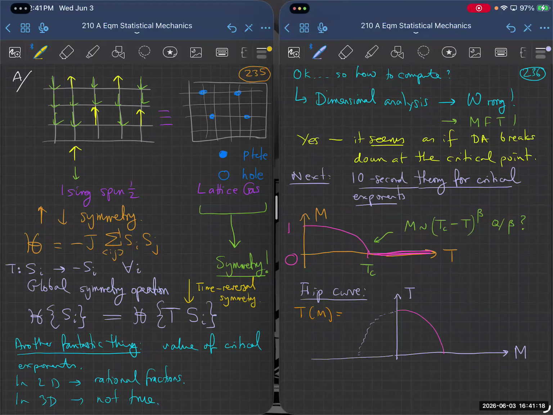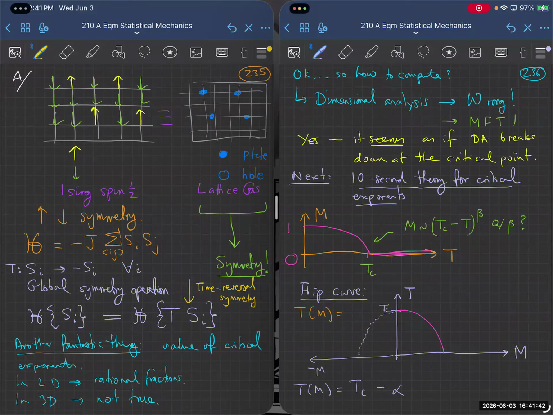So therefore, if I want to write down the theory for t of m, it's equal to a constant, which is tc, and then some other coefficient, and then it's got to be symmetrical. If it has to be symmetrical, it must be an even function. If I'm going to do a Taylor expansion of an even function, then the first term that comes in has to be m squared.